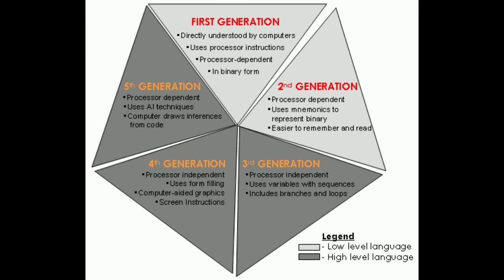First generation: directly understood by computers, uses processor instructions, in binary form. Second generation: processor dependent, uses mnemonics to represent binary, easier to remember and read. Third generation: processor independent, uses variables with sequences, includes branches and loops.